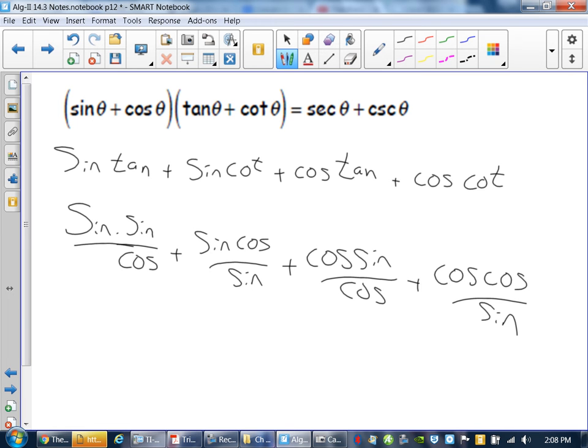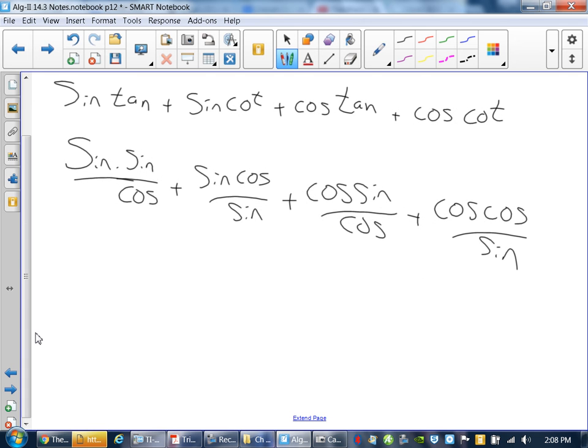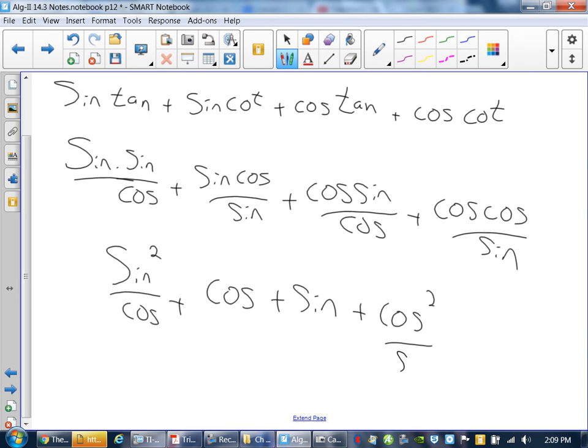Now, each one of these, for each term, they all have a denominator that works, sine times sine over cosine, sine cosine over sine, and so on. So I can simplify this as I'm going. I'm going to get sine squared over cosine plus cosine plus sine plus cosine squared over sine.